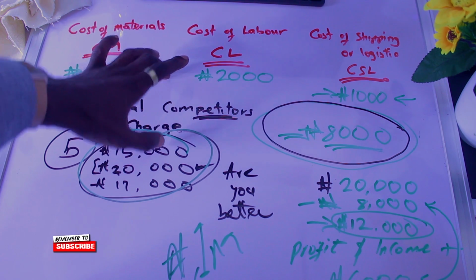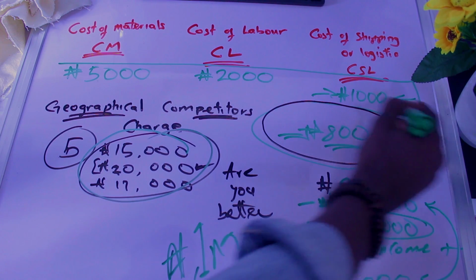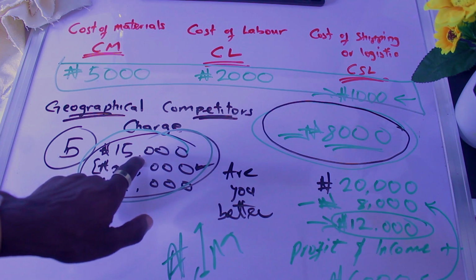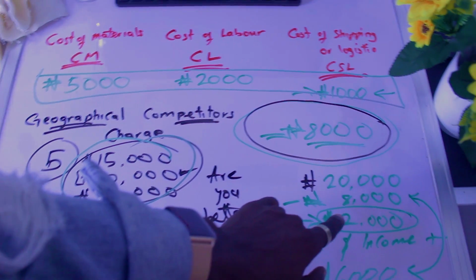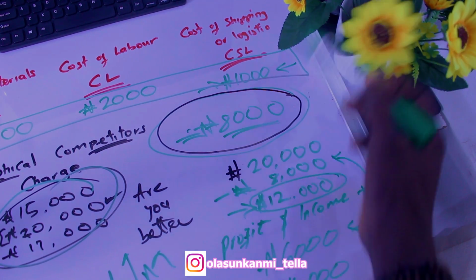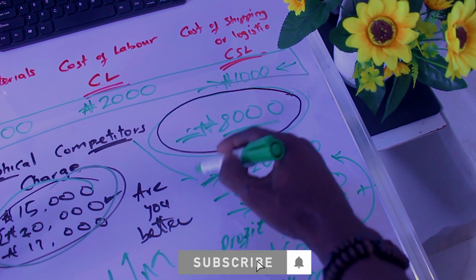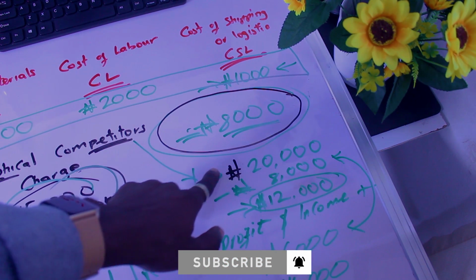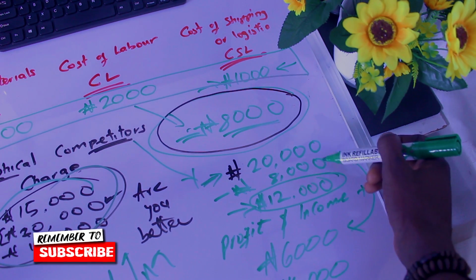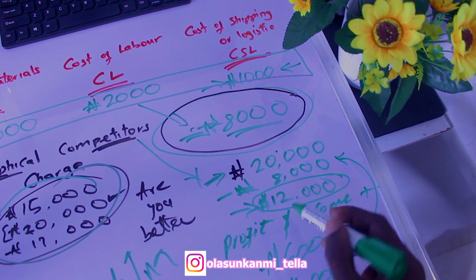Then you're going to subtract your total cost from your competitor's charge. This is your competitor's charge, which is 20,000 naira, and this is your total cost, which is 8,000 naira. You subtract your total cost from your competitor's charge, which will give you your profit and your income.